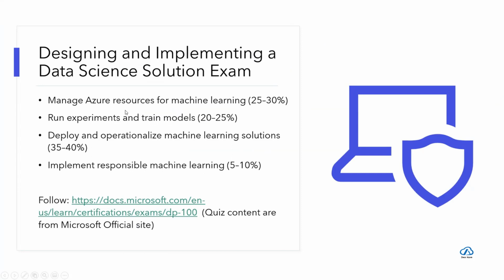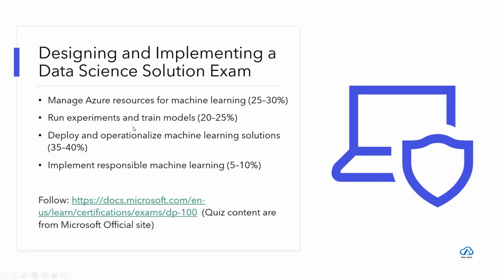If we take a look at the overall number distribution on this exam, or what is expected, this is taken from the official Microsoft side, where the designing and implementing a data science solution exam has four types of sections. One is we need to manage Azure resources for machine learning.